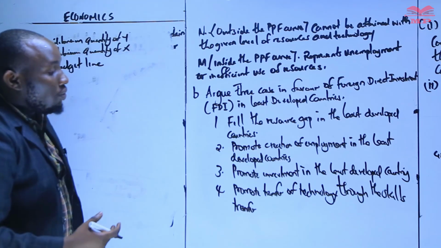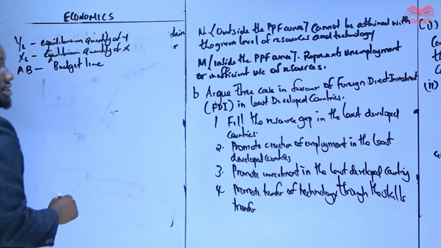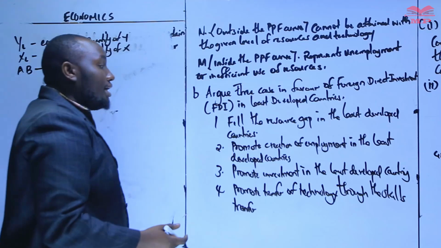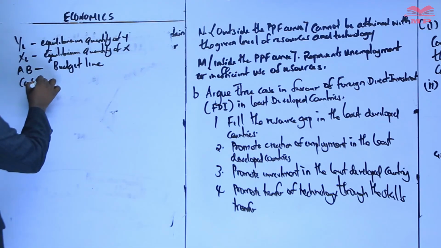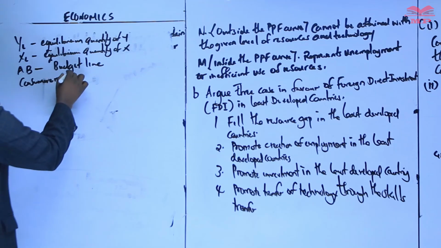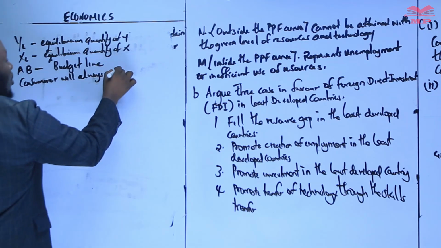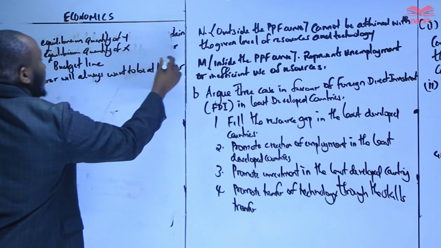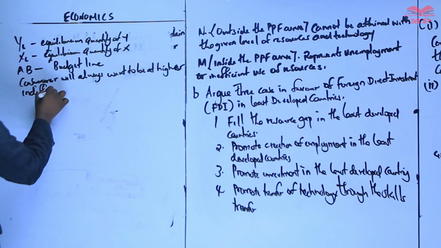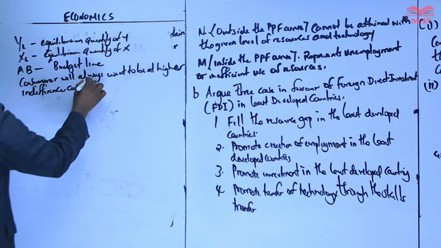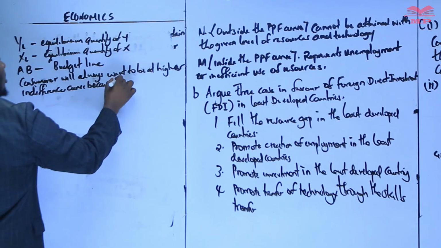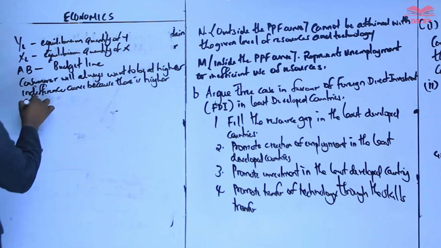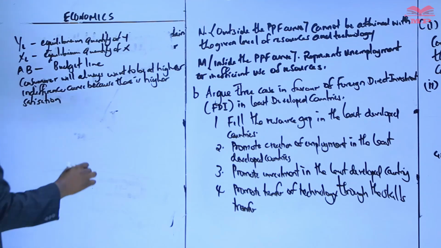So, in the explanation, we need to understand that a consumer will always want to be at a higher indifference curve, because there is higher satisfaction.